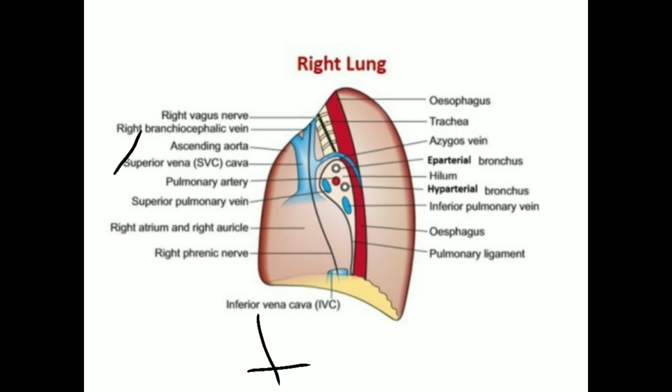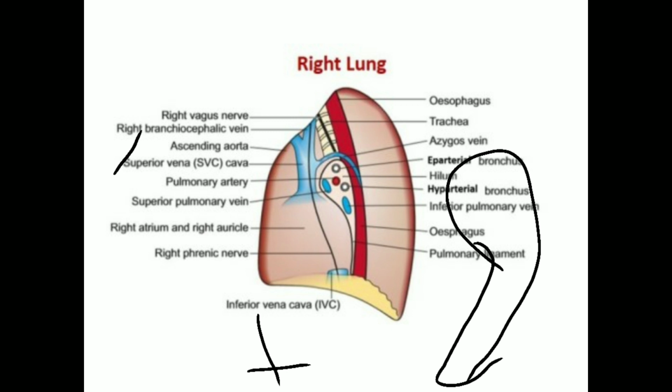Next, after that you have to draw about the hilum. Hilum is where the structures will enter and leave the lung. So in the hilum, the first thing you have to draw the two pulmonary veins, superior pulmonary vein, inferior pulmonary vein. Then behind the superior is the pulmonary artery. Then there are two bronchus here, that is called eparterial bronchus and hyparterial bronchus.